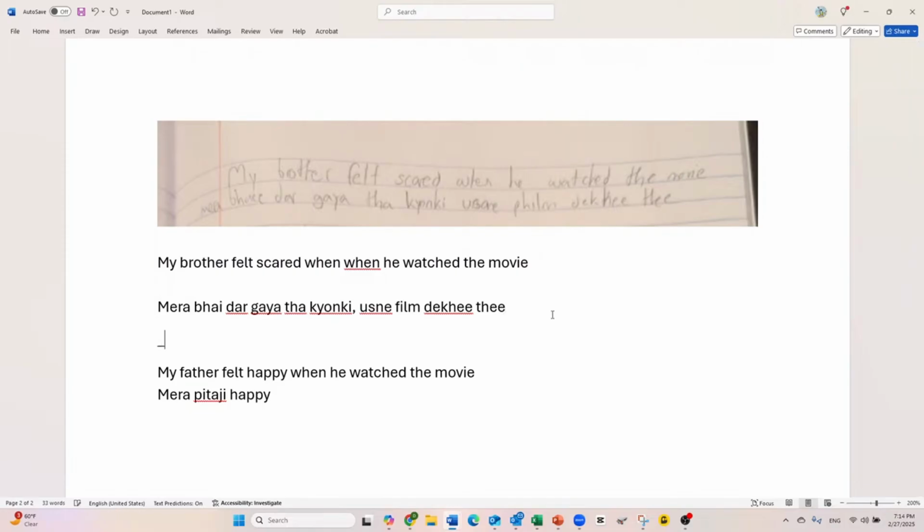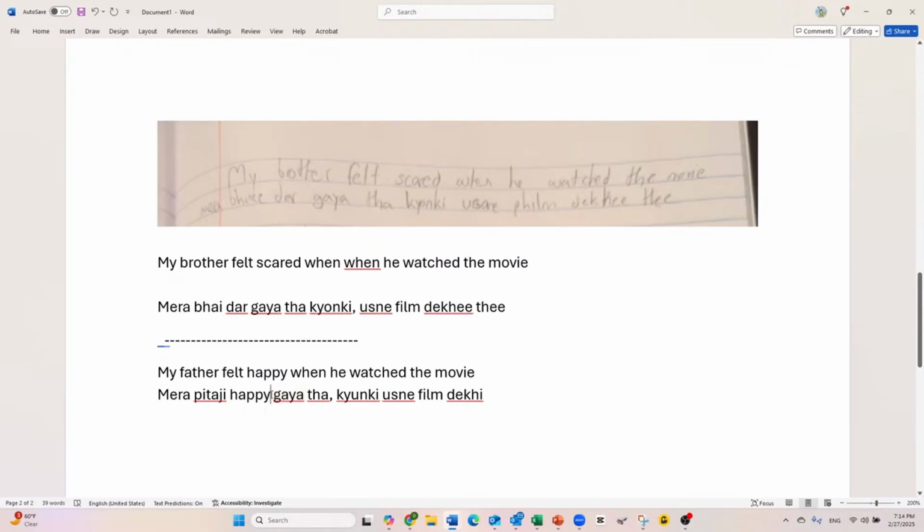So, let's try again. मेरा पिताजी हैप्पी गया था क्योंकि उसने फिल्म देखी थी. Okay, so, मेरा पिताजी happy गया था. Now, we have to put one more word with happy.